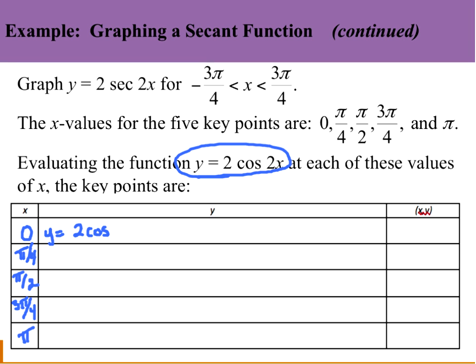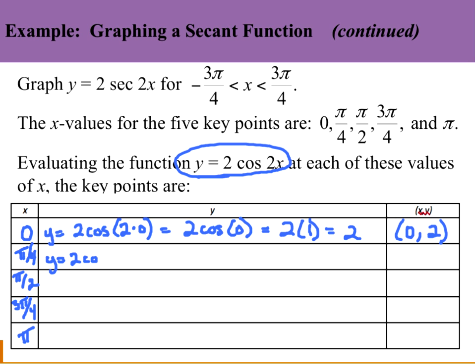So we have y equals 2 times the cosine of 2 times 0, because it's 2 times x, and I'm plugging in 0 for x into this one. So that's 2 times the cosine of 0. The cosine of 0 from our unit circle is 1. So this gives us the point 0, 2.